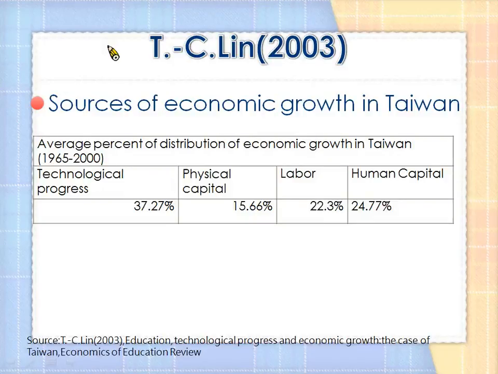It did not incorporate human capital as directly affecting technological progress. As I told you, the change of A can be a function of H, and here they did not take that into account. So if you take human capital into account in technological progress, this number will be even smaller. That's the major argument in my paper.